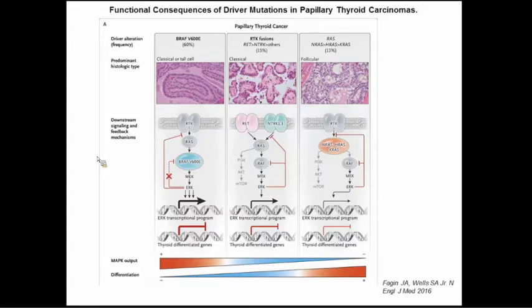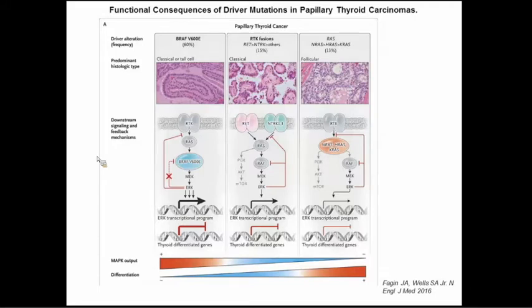Normally, just turn to this middle panel, the way this pathway works is that upon activation of receptor tyrosine kinase, RAS is one of the key intermediates that is activated primarily by GTP loading, and this in turn recruits RAF and allows RAF to dimerize. So the normal way that RAF signals is through dimerization. But BRAF V600E signals as a monomer.